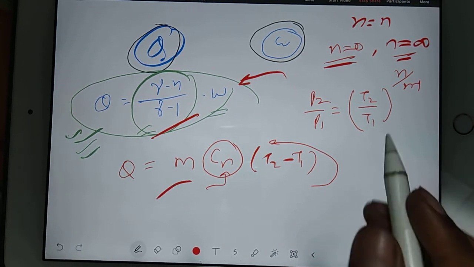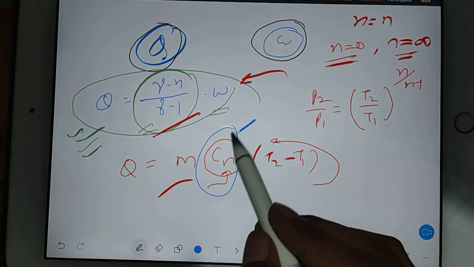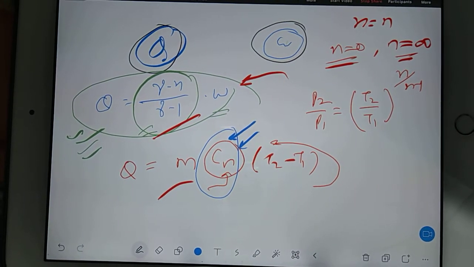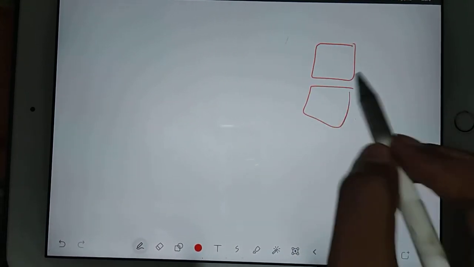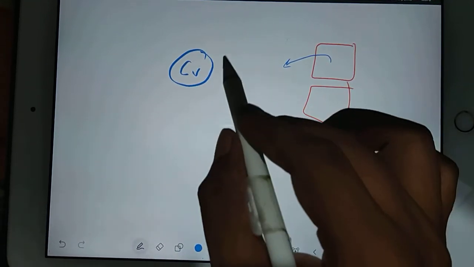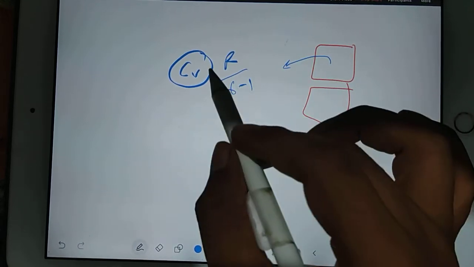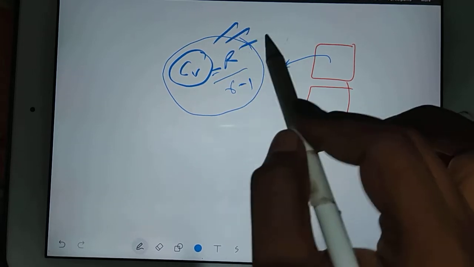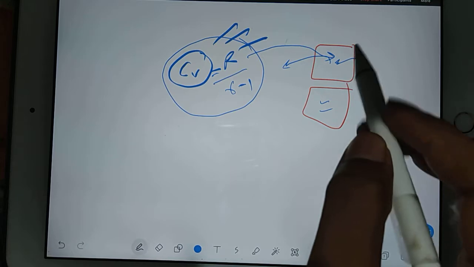And last part, how will you calculate the Cn value? You can calculate Cn with the help of Cv. I will explain everything. See, for whatever kind of gas or fluid is working, you have to find Cv. Cv is nothing but R by gamma minus 1. This value does not depend on the process. It only depends on what kind of fluid you are using.